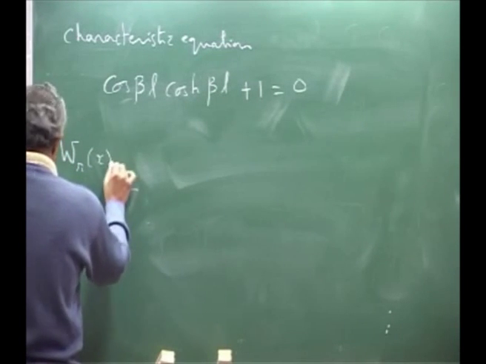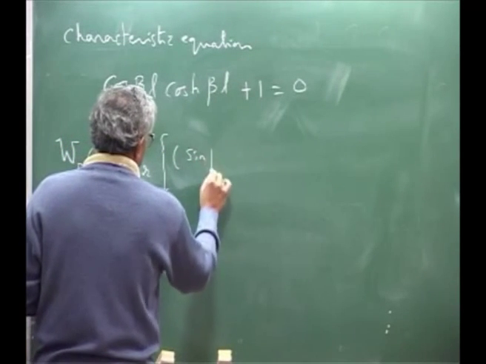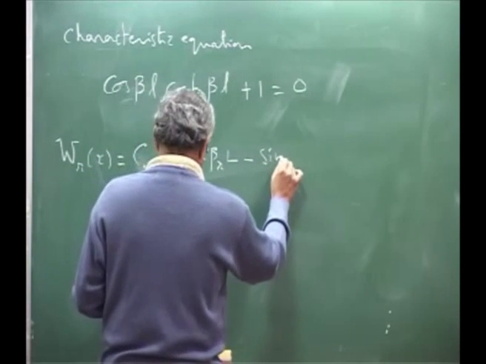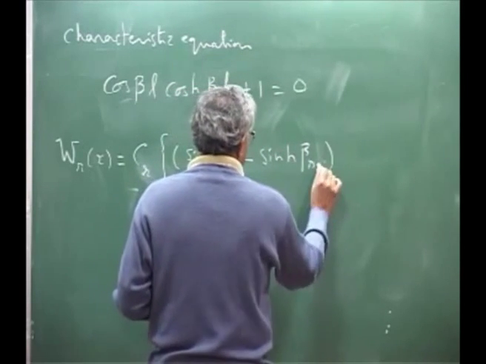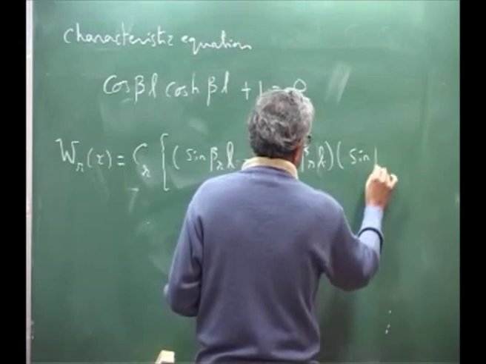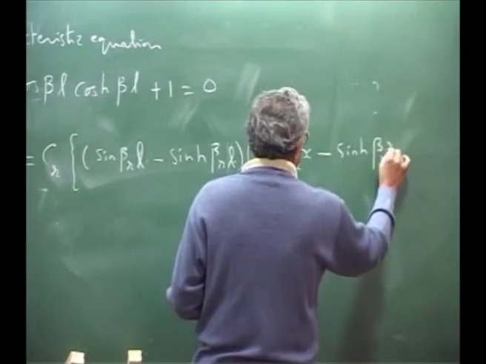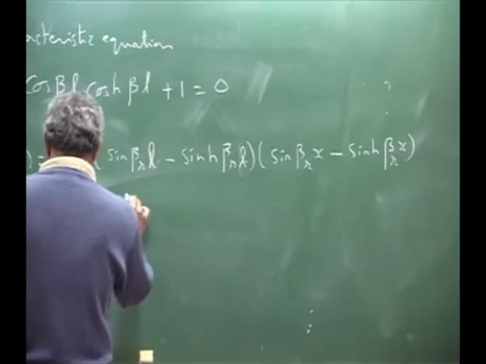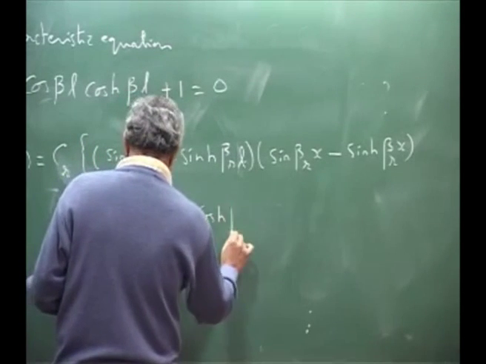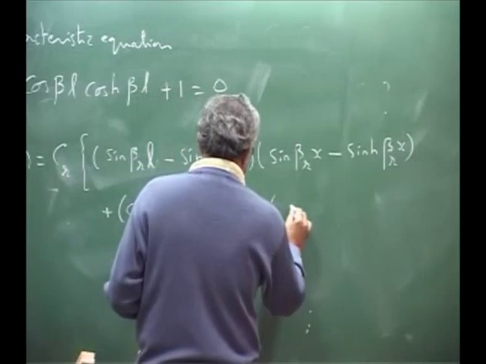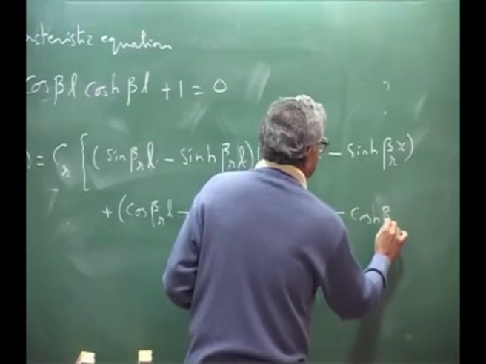W_r, which is a function of x. This will become again C_r times sine beta_r L minus sine hyperbolic beta_r L, multiplied by sine beta_r x minus sine hyperbolic beta_r x, and then you also add cosine beta_r L plus cosine hyperbolic beta_r L multiplied by cosine beta_r x minus cosine hyperbolic beta_r x.